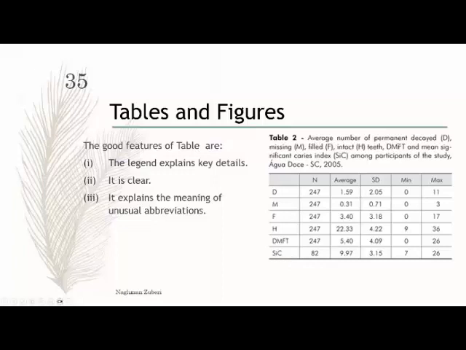The average number of permanent decayed D, missing teeth M, filled teeth F, intact H teeth, DMFT, and mean significant caries index SIC, from a study conducted in 2005. Looking at the table, we will understand everything.